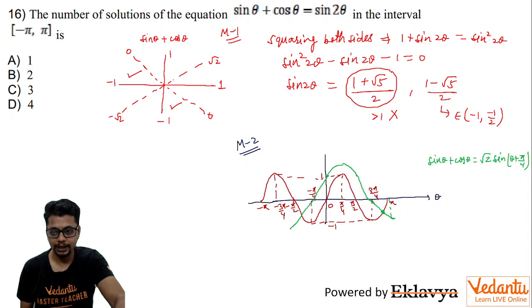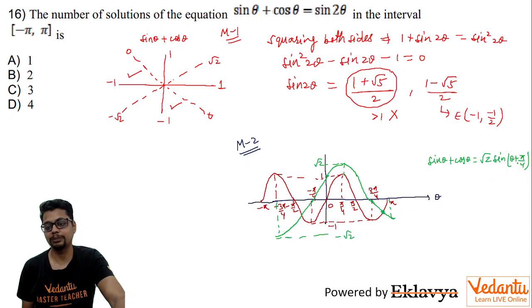And it goes to minus 3 pi by 4 plus pi by 4, which is minus pi by 2. Sine minus pi by 2 is minus 1, so minus root 2 it becomes. So this is root 2 at pi by 4, and at minus 3 pi by 4 this is essentially minus root 2. And at minus pi, minus pi plus pi by 4 is minus 3 pi by 4, so very simply, again it becomes minus 1 here.